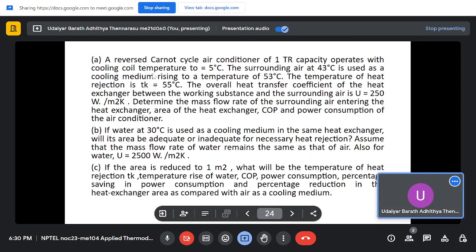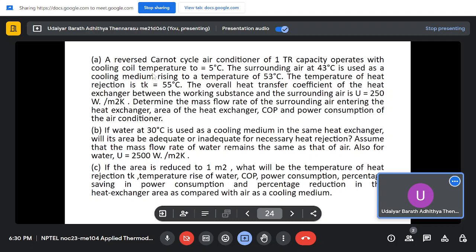So your ambient temperature is 43 degrees Celsius and your evaporator temperature is 5 degrees Celsius. It is used to cool a medium, with the cooling medium rising to a temperature of 53 degrees Celsius.